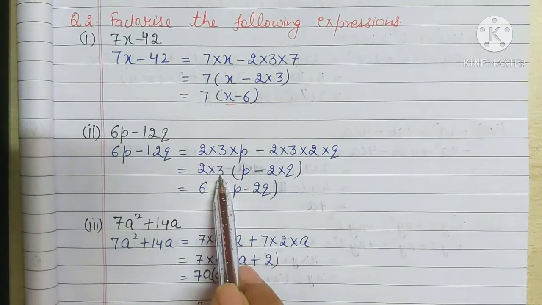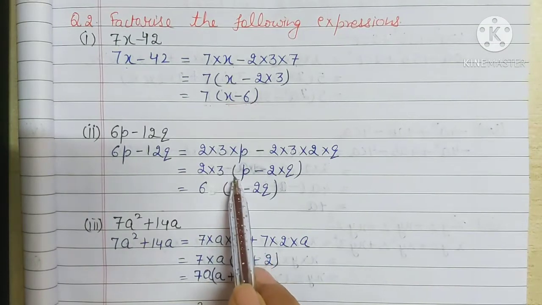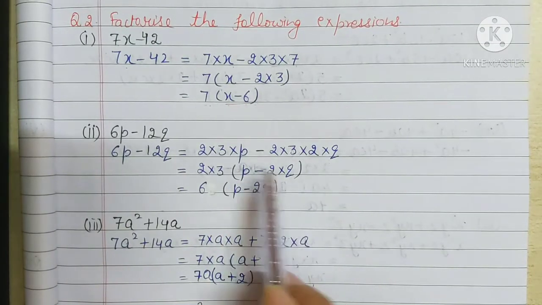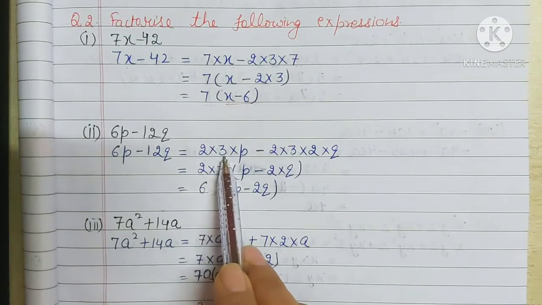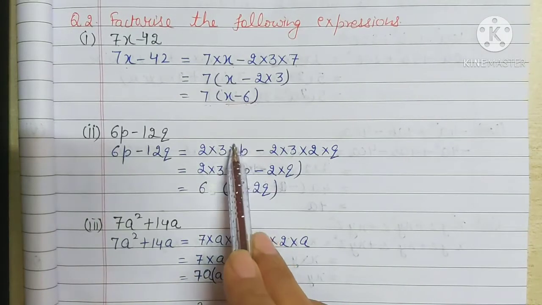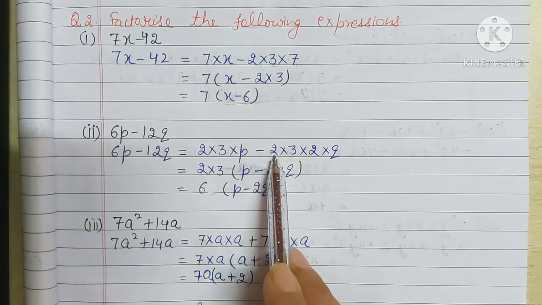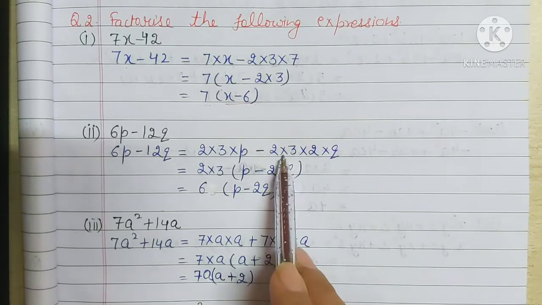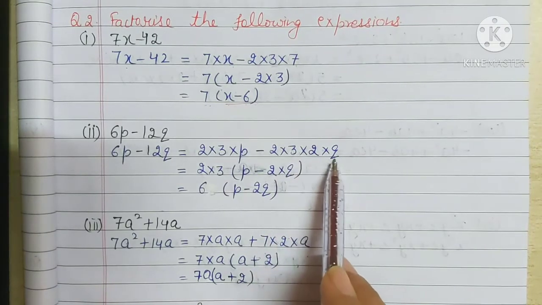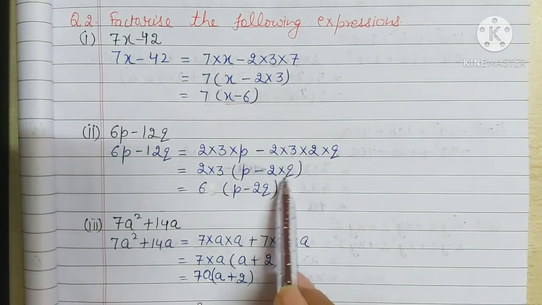So 2 multiply 3 I can take common, and I am applying the distributive property. If I take 2 and 3 common from here, only p is left, so I'll write in bracket p. Minus: I have taken 2 and 3 common from this term also. So what is left? 2 multiply q is left, so I will write 2 multiply q.